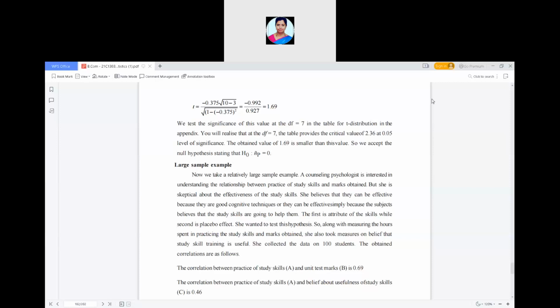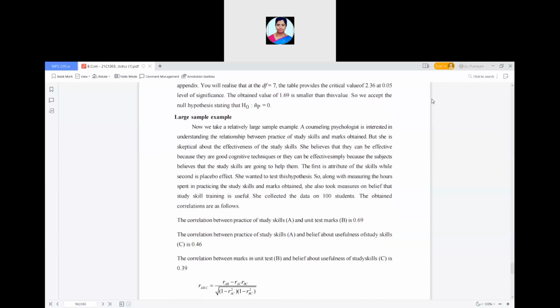She wanted to test this hypothesis, so along with the measures of hours spent practicing the study skill and marks obtained, she also took measures of belief that the study skill is useful. She collected the data and obtained the correlations as follows: the correlation between the practice of study skill, A, and the unit test mark, B, is 0.69, and the correlation between the study skill and belief about its usefulness, C, is 0.49.